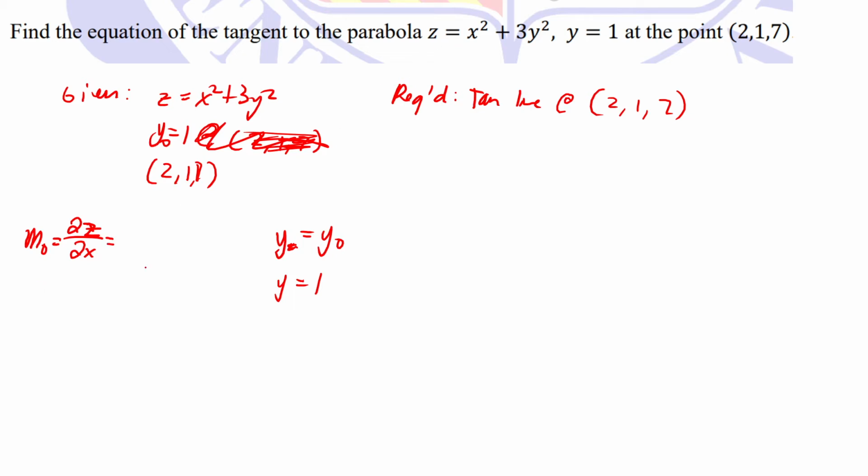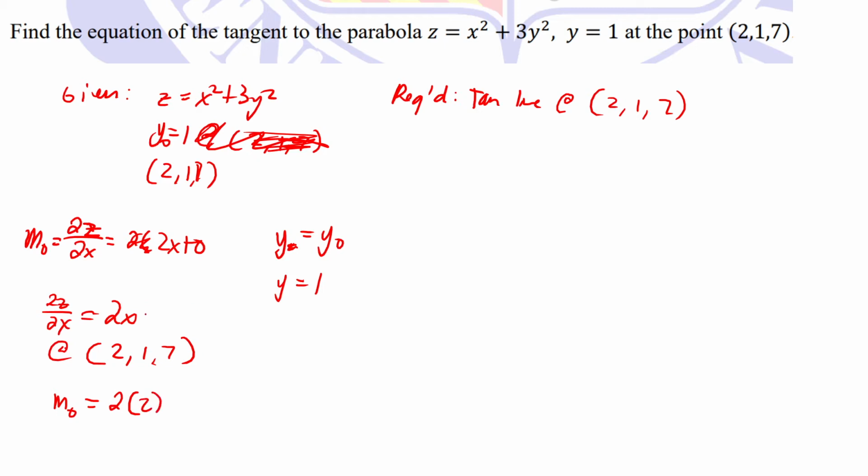That will be 2x plus 0, so the partial of z with respect to x is 2x. To get your m sub o at point 2, 1, 7, m sub o is equal to 2 times, what is your x? 2.